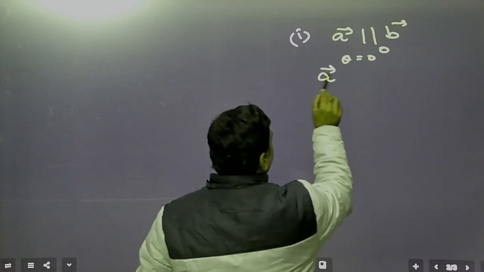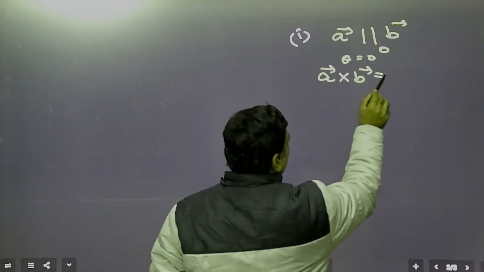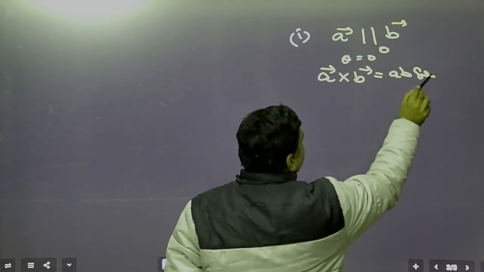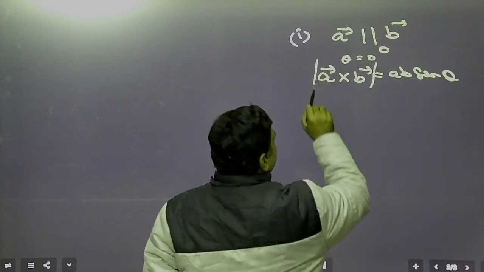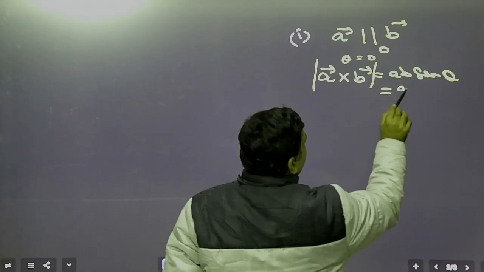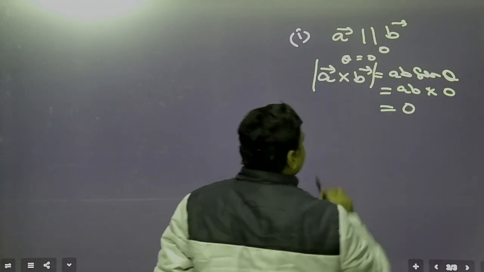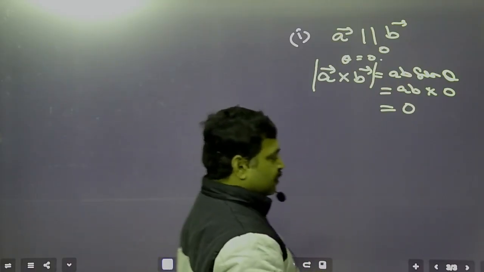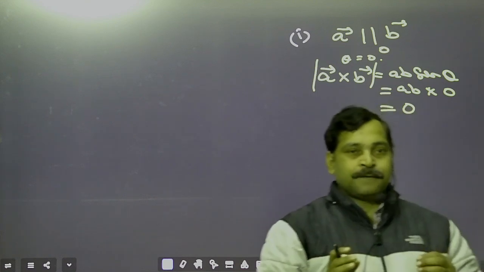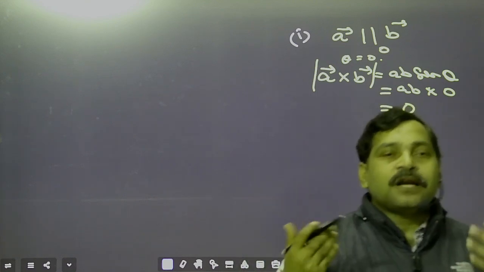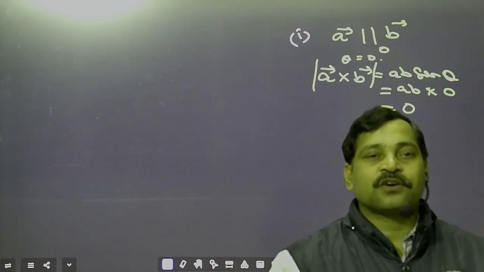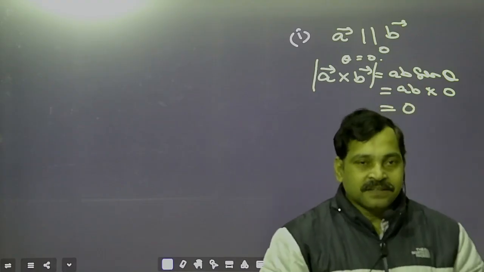We can write A cross B will be equal to AB sin theta. So its magnitude will be AB sin 0 degrees, which is 0. So we can conclude that if two vectors are parallel to each other, then their cross product or vector product will be 0.